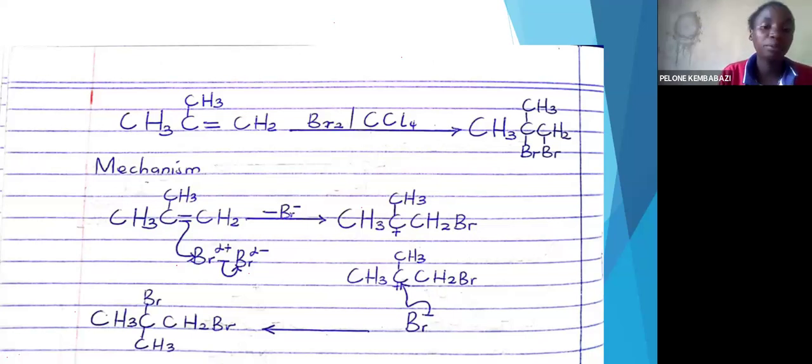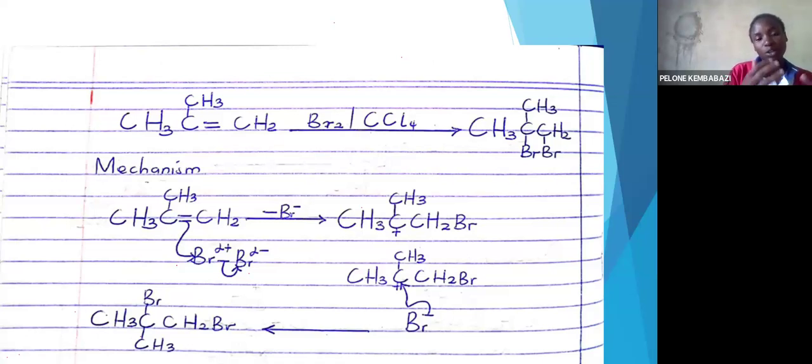So if they tell you to describe the reaction, one, you should be able to identify which type of reaction it is. If I have 2-methylpropene and bromine, you ask yourself which type of reaction this species undergoes. As I have told you above, alkenes react with electrophiles, forming saturated organic compounds.